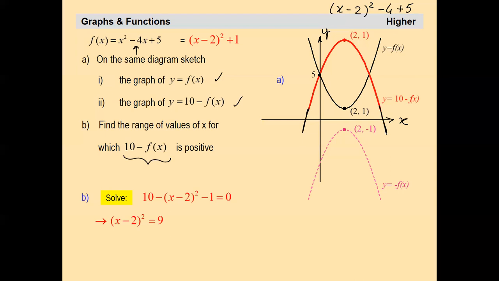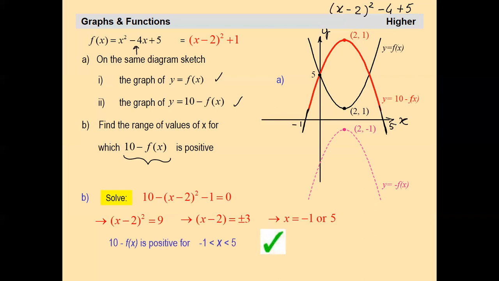Yeah? Or x minus 2 equals plus and minus 3. You could say that if (x minus 2) squared equals 9, then if that is 3 or negative 3, that will work. So you can solve it like that. X minus 2 equals plus and minus 3. That means x equals negative 1 or 5. So my values here are negative 1, and this will be 5.